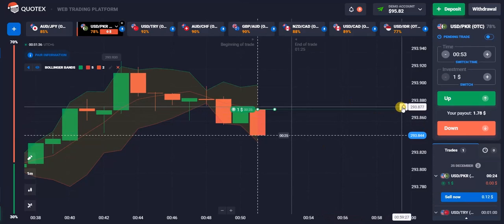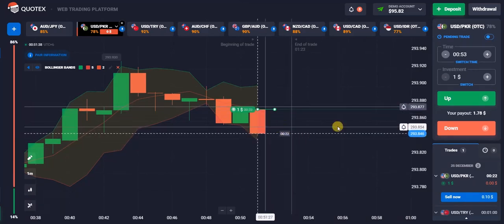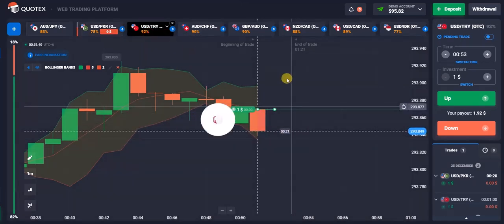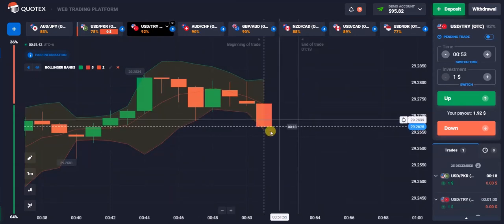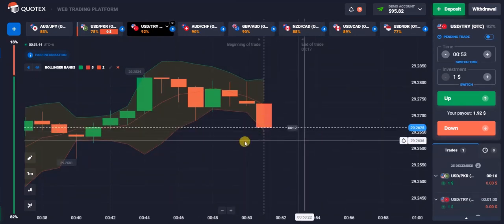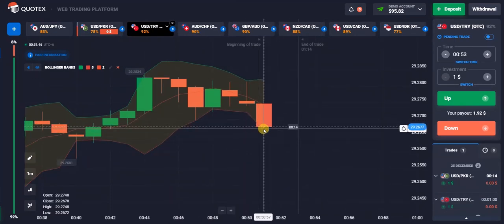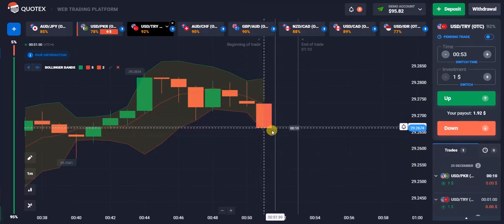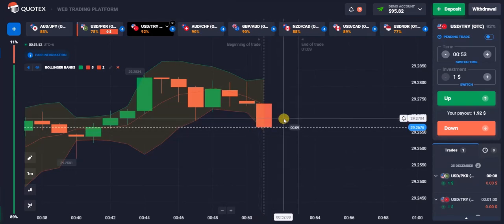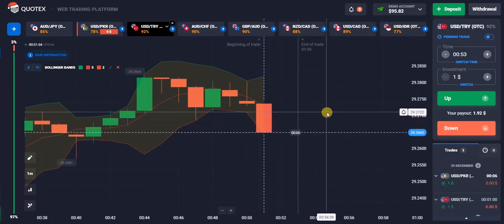So let's forget about it. I don't think we're going to win it. Let's try something else. There is another one, and as you can see, the same situation. The red candle has touched the bottom line. Now, if there is a green candle after it, we're going to take an up call.